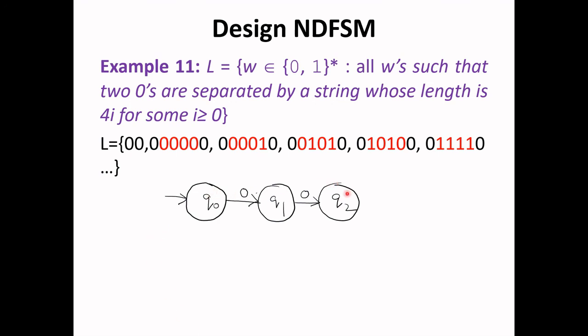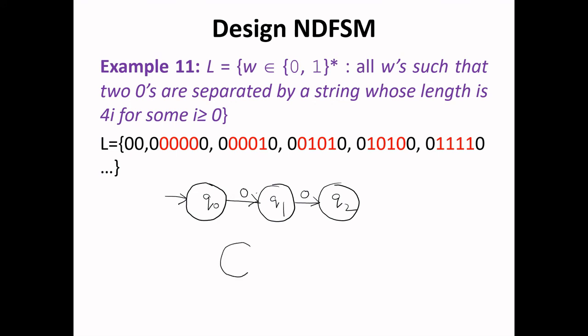So this represents 2 zeros. Now, the next part to be designed is that these two zeros are separated by a string whose length is 4i. Now I must design a string of length 4i in between these two zeros. So let us design it.